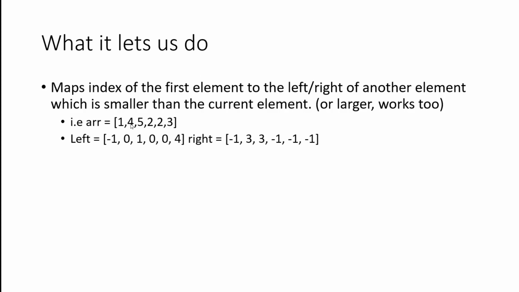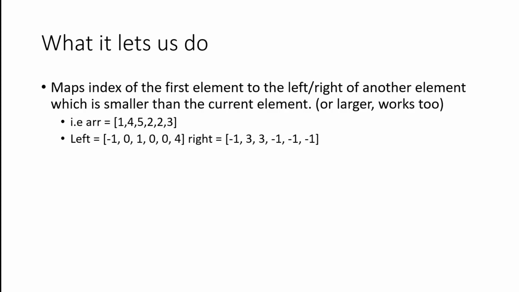And for index 1, so the element at array index 1, if that's a 4, then the left array here would store a 0, because the index of the first number that's smaller than 4 to the left of it would be array index 0, because that's value 1 that's less than 4.